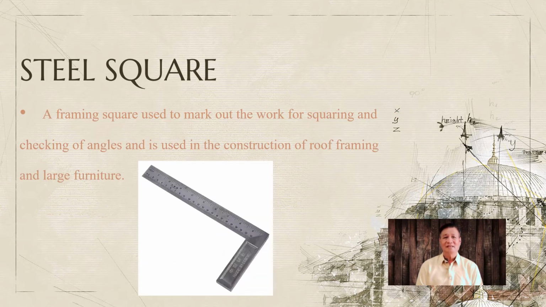Second is the steel square. A steel square is a framing square used to mark out the work for squaring and checking of angles, and it is used in the construction of roof framing and large furniture.